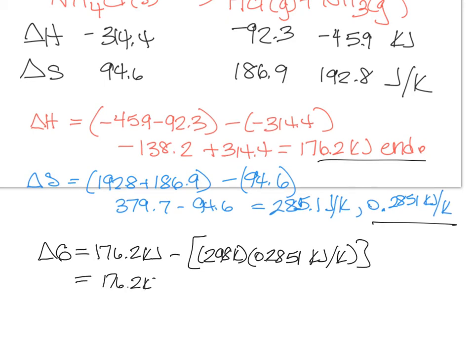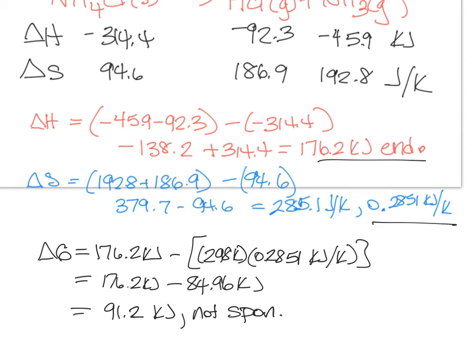So 176.2 kilojoules minus 84.96 kilojoules, and our delta G is 91.2 kilojoules. It is not spontaneous at this temperature. Looking at the values, they're both positive, so it will be spontaneous at higher temperatures. So it requires high T.